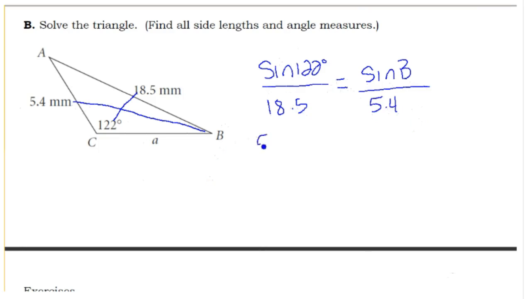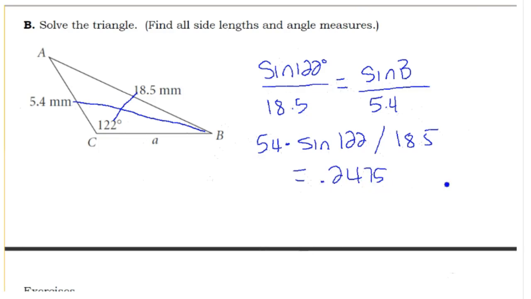So if I do 5.4 times the sine of 122 divided by 18.5, the calculator will actually give me a decimal, which is 0.2475... That is not the measure of angle B. To find the measure of angle B, we have to do the sine inverse of that decimal.